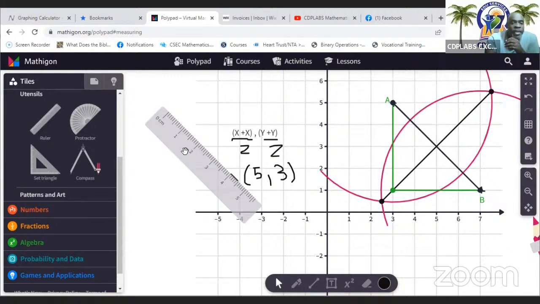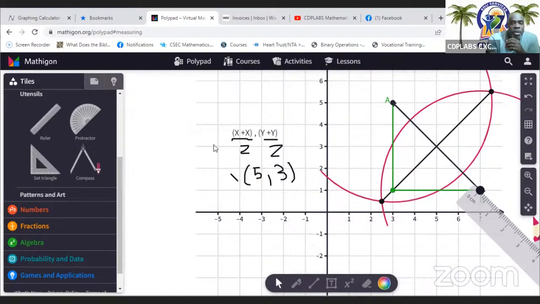What do we need to have to find the equation of a line? To find the equation of a line, you need to have at least one point. So a point.